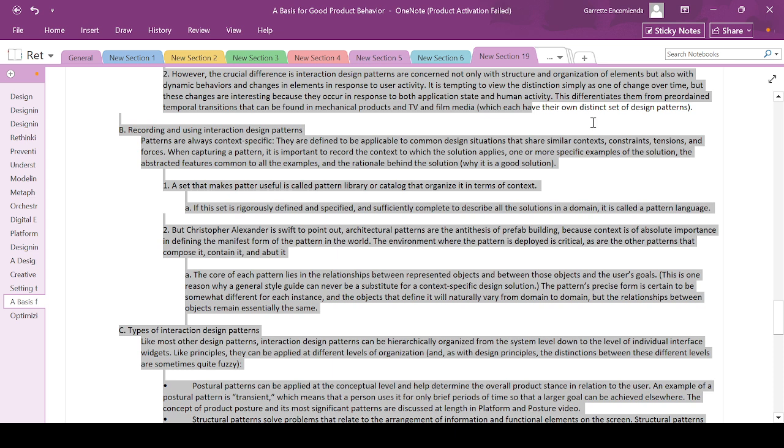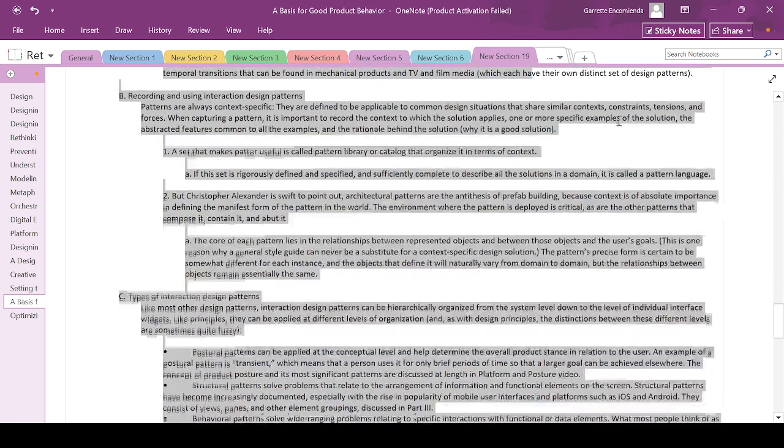So this differentiates them from preordained temporal transitions that can be found in mechanical products. Mechanical products are more stable than the more complex adaptive systems, which are software and people and media, each of which has its own distinct design patterns.